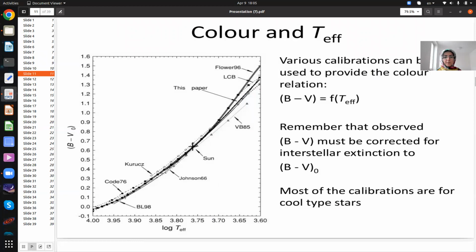For example, we can measure four of them, and then take the mean value of these four to see what the photometry of that is. And you see that different photometric systems give different kinds of fits.